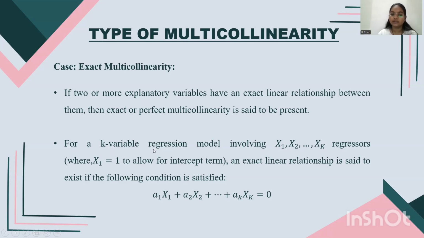For a k-variable regression model having x1, x2 and so on up to xk regressors, where x1 is equal to 1 to allow for the intercept term, an exact linear relationship is said to exist if the following condition is satisfied: A1 x1 plus A2 x2 plus and so on up to Ak xk equals 0. If this condition is satisfied, we can say that there is exact multicollinearity.